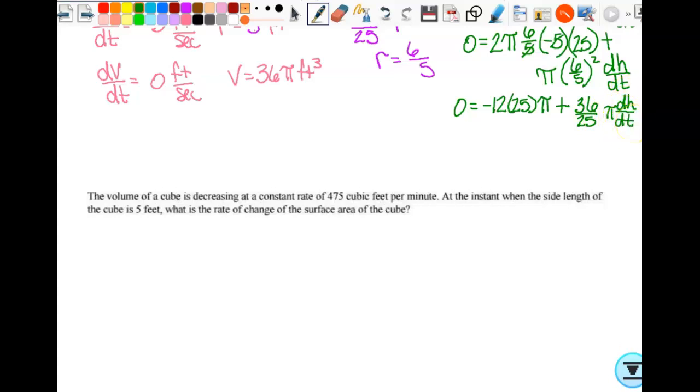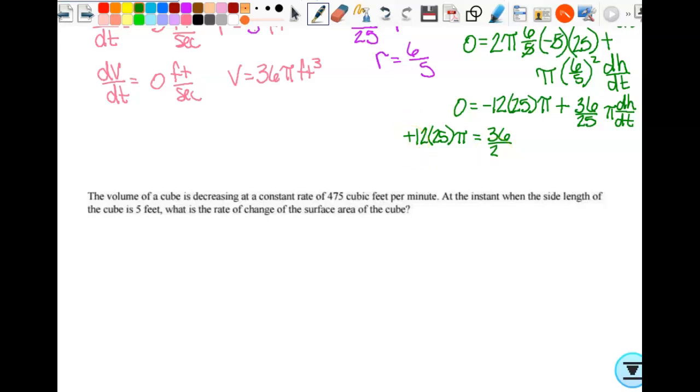What are we solving for? The only thing I can solve for, right? So I'm going to move this over. Do I have to actually multiply it right now? I don't have to. Negative 12 times 25 times pi equals 36. Oh, yes. Thank you. Okay, I should say legally move it over.